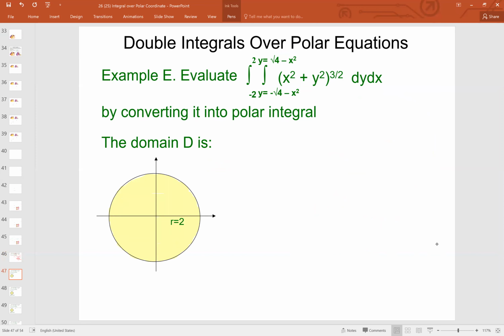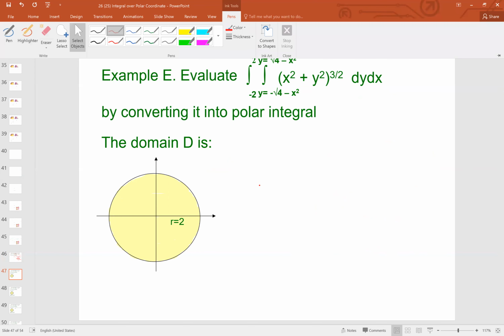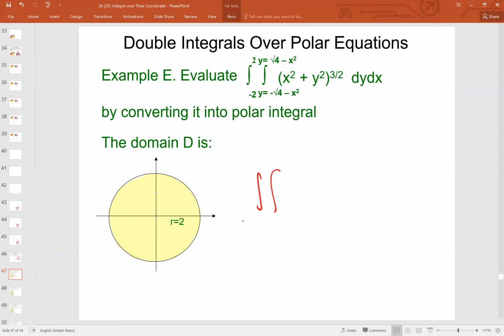And of course, we can translate that into polar integration, because that's just given by the polar equation r equal to 2. And then theta goes from 0 to 2 pi. So therefore, I can change this into theta going from 0 to 2 pi, r going from 0 to 2.